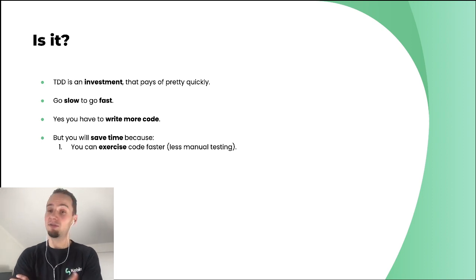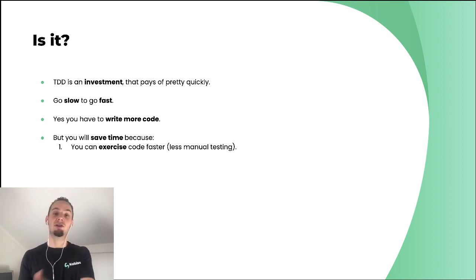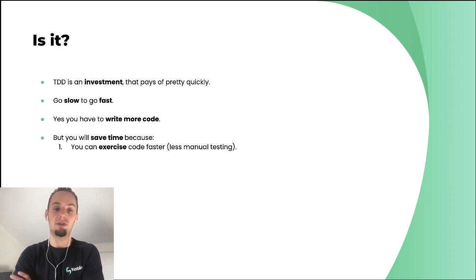And if you have a test suite in place, you just write the test, and then you start coding, and then you use the test to verify that the functionality you're working on is actually working. And then still, of course, even if you have an automated test suite, there's still a little bit of manual testing involved, but it's a lot less. You just test once or twice probably with the actual application, and everything else you just test using your test suite. So it will save developers a lot of time during development.